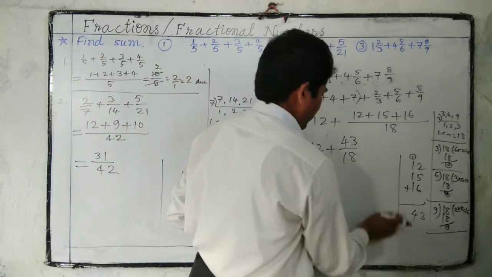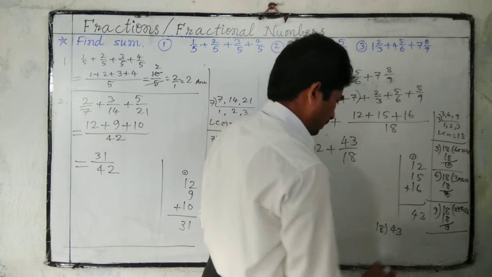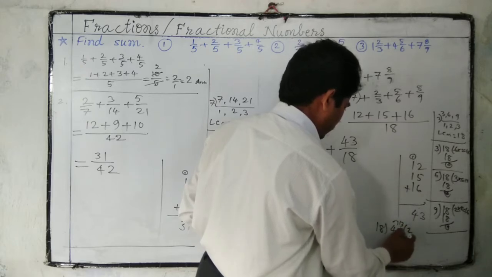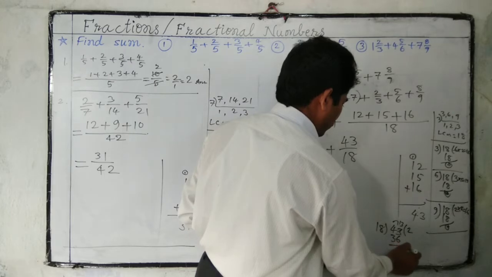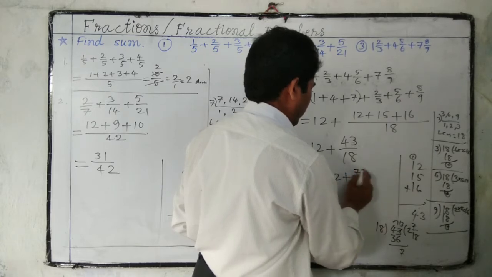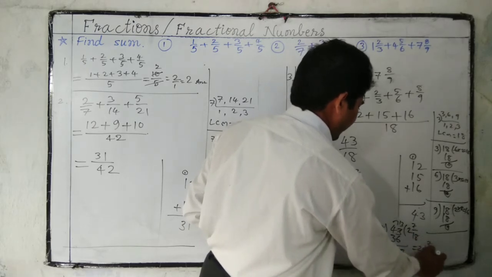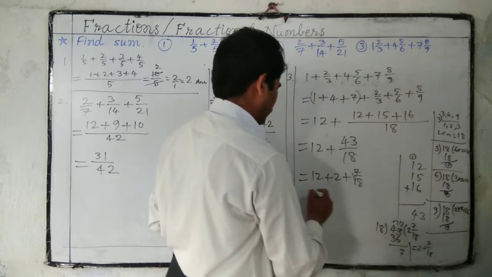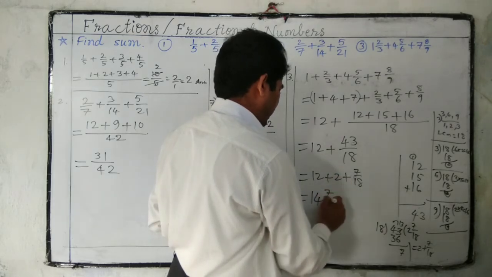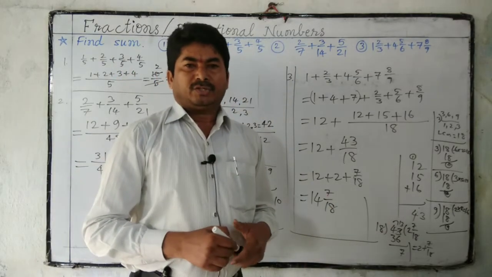We have to convert it into a mixed fraction. 18 twos are 36. 43 minus 36 is 7. 2 7 by 18, which means 2 plus 7 by 18. 12 plus 2 is 14, plus 7 by 18 means 14 7 by 18. This is the method of finding mixed fractions.